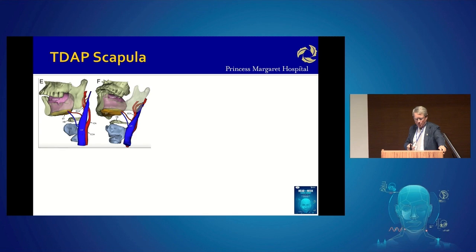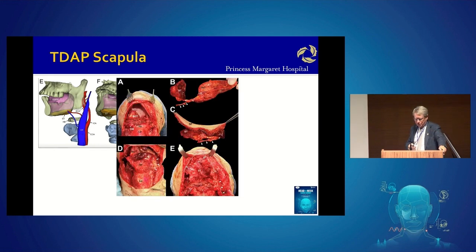The TDAP scapular concept is basically to use the bone, and unfortunately the mouse doesn't work here, but the scapula is placed in horizontally to recreate the diaphragm on the floor of the mouth, and this is what it looks like in a patient. And the picture E shows you the scapula placed right up in and under the mandibular defect, or the floor of mouth defect. And interestingly, in all of us, what tends to happen is the scapula is exactly the same shape as that deformity.